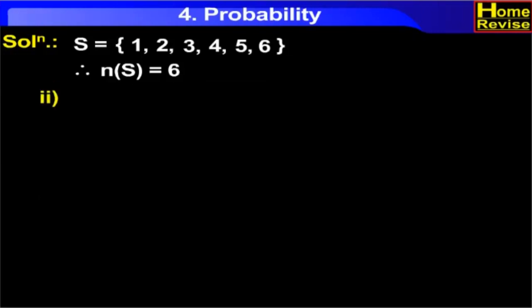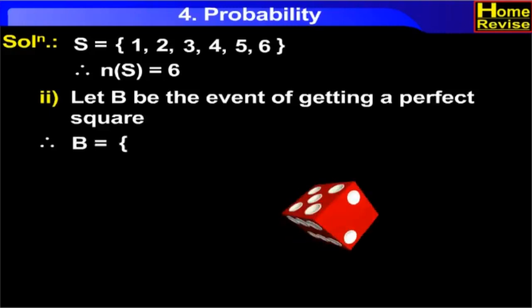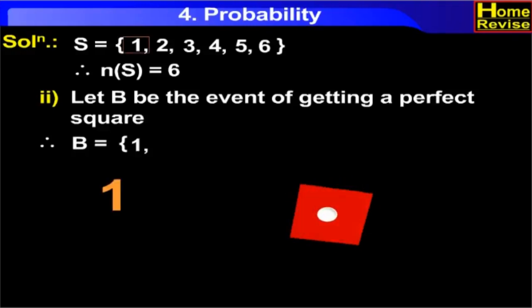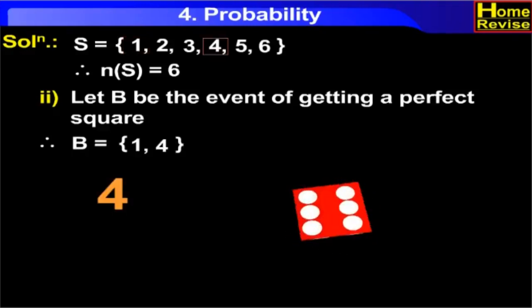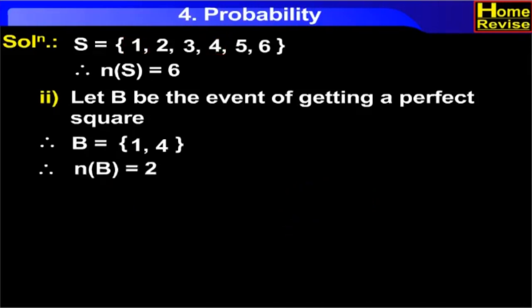Number 2. Let B be the event of getting a perfect square. Therefore, B is equal to {1, 4}. Therefore, n(B) is equal to 2.